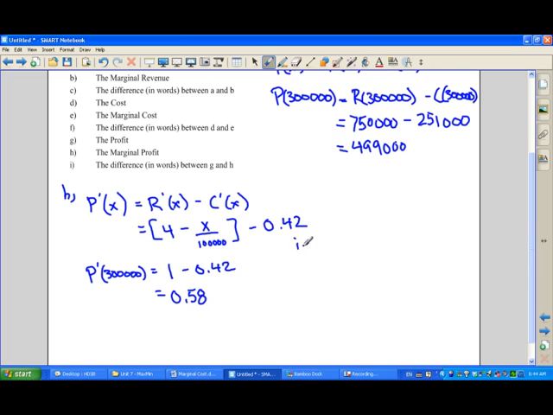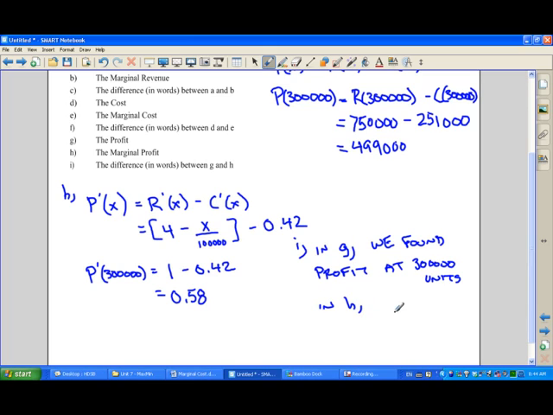And again, the difference in G, we found the profit at 300,000 units.